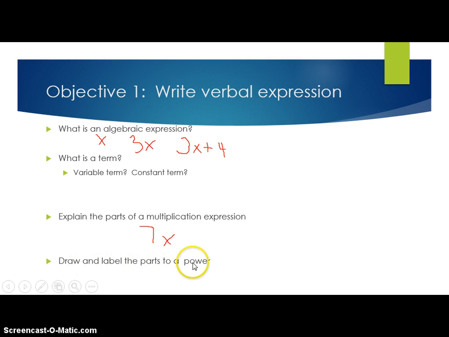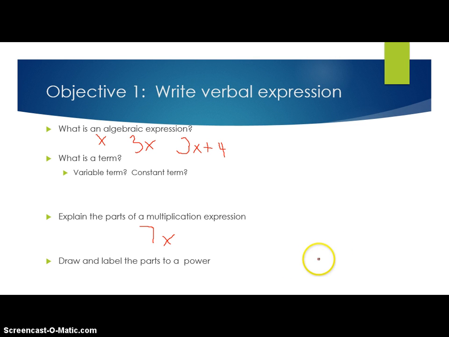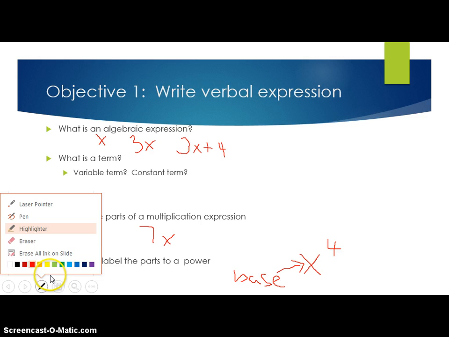And then draw and label the parts of a power. What that'll look like, we'll make a power here. Let's do x to the 4th power. We can use all numbers here, or we could even use x to the nth power. The bottom here is called the base. It's hard to write with the mouse, but I think I can do it. That is the base. And then the little number here, as you probably already know, is the exponent.